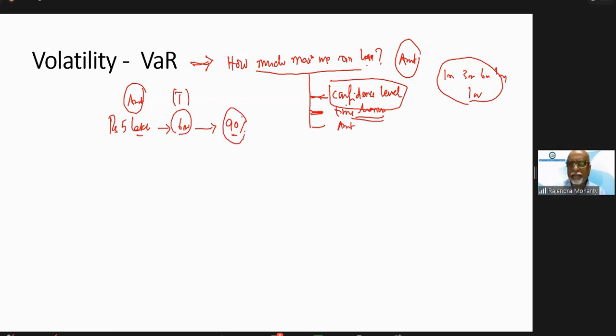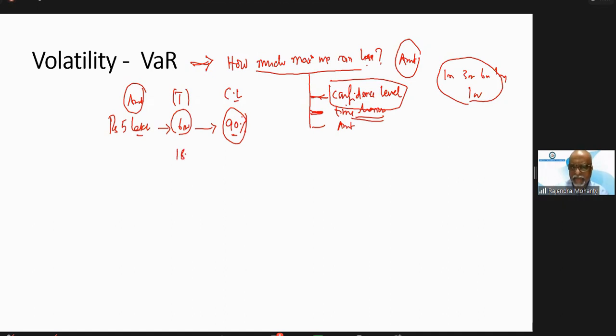That means this is the amount of maximum loss within a time period of 6 months, and 90% is the confidence level.